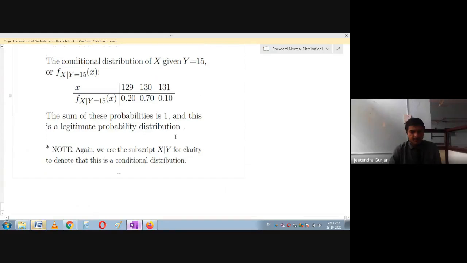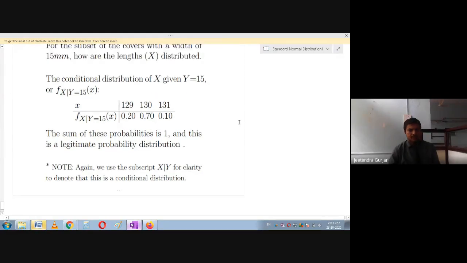Please remember that the sum of all these probabilities is 1, and this is also known as a legitimate probability distribution. Please remember this once again: x given y is the conditional distribution.